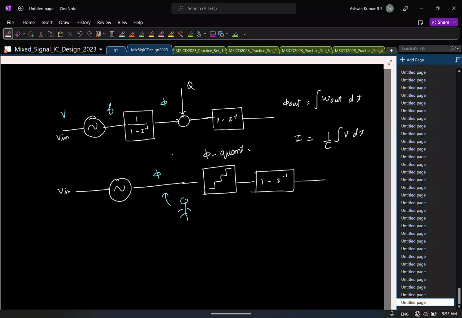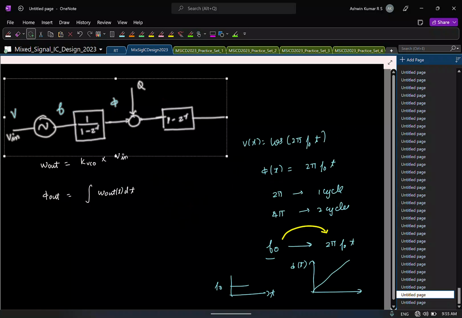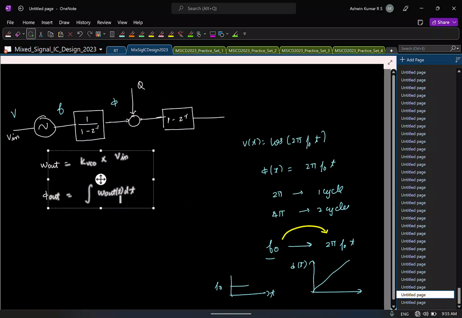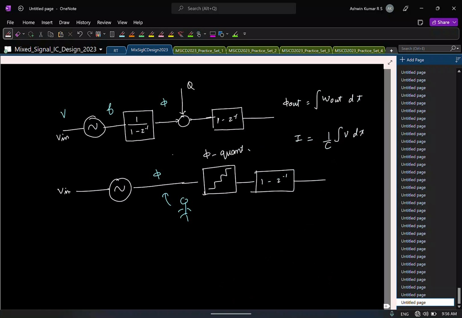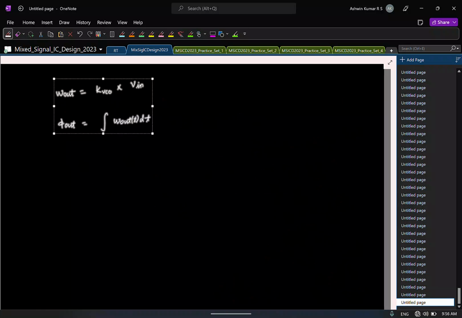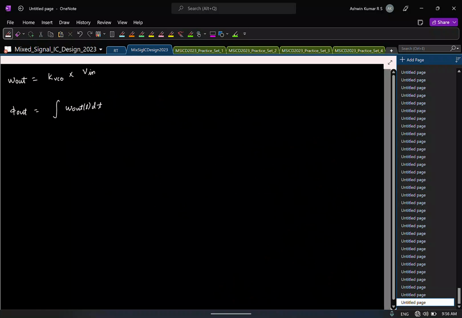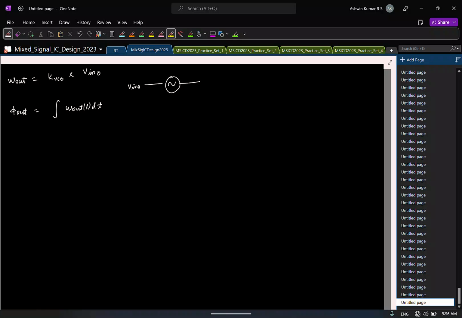And for that, let me take an example and then show. Once you understand what this is, you will realize how trivial the operation is. So let us say I apply a constant voltage V naught to my VCO. If the input voltage is constant, the output frequency is also constant.